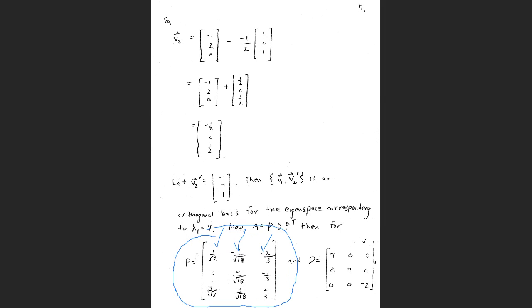Well, if I normalize that, eigenvector x3 has a length of 3, and so I just normalize it. And so this is the matrix P that's going to work.